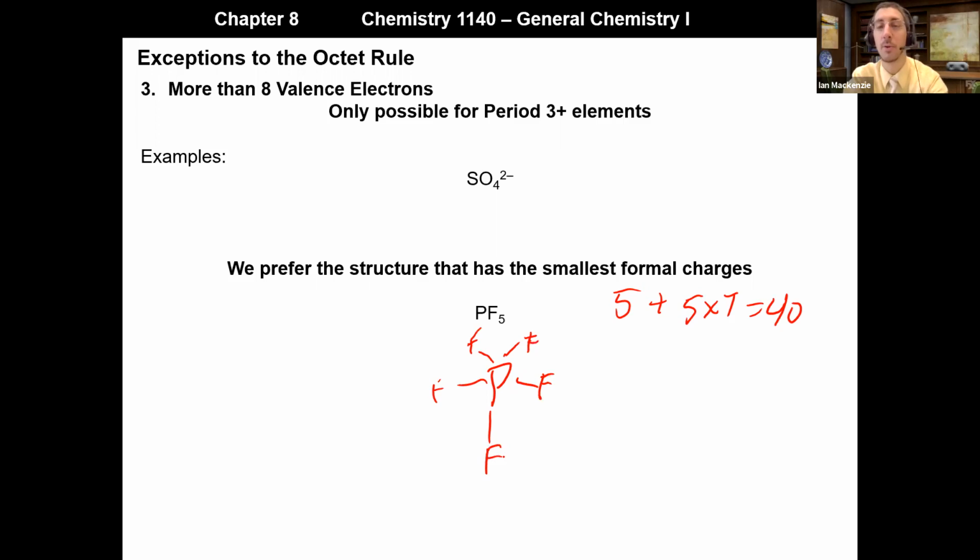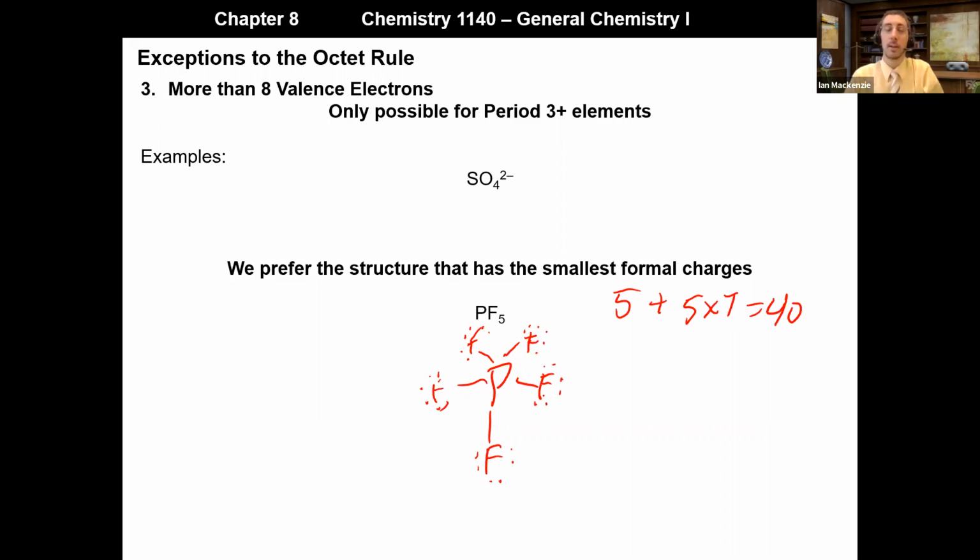And right there, we've broken the octet rule for phosphorus. That's actually okay because it's in row 3, and so having 10 electrons around it is okay. That uses up 10 electrons, and then we put the remaining 30 around the fluorines. And use them all up, and notice that our formal charges are all 0.